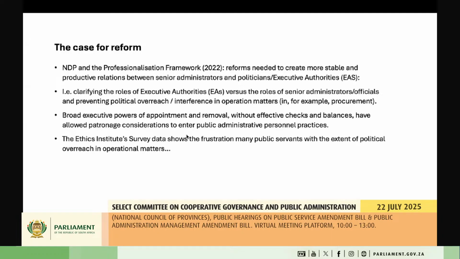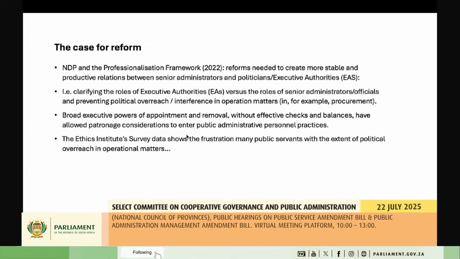Here we are thinking particularly of procurement, which, as we know from the Zondo Commission, was a major source of focus for capture activities. So broad executive powers of appointment and removal, in the HR space, without effective checks and balances, have allowed patronage and corruption considerations to pervade administrations in many parts of the state.